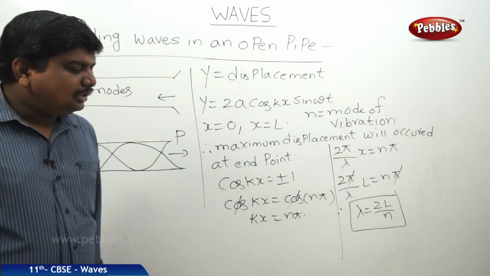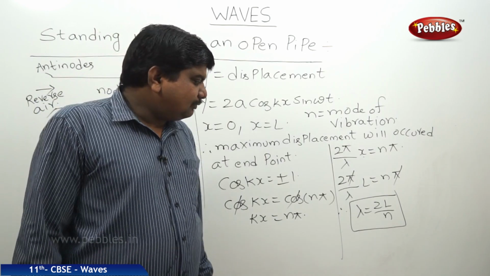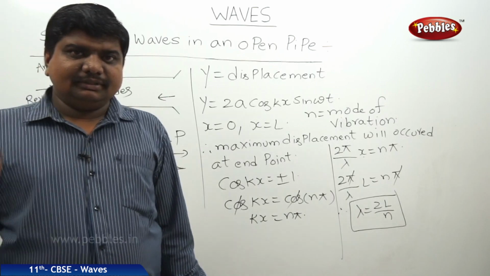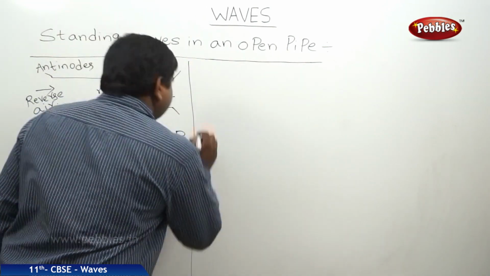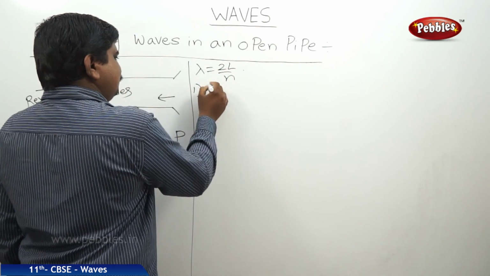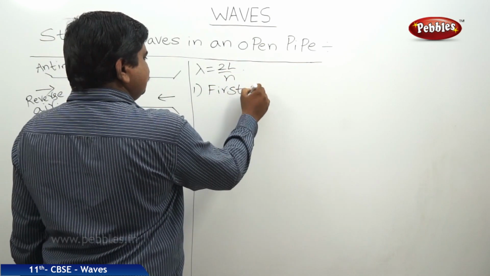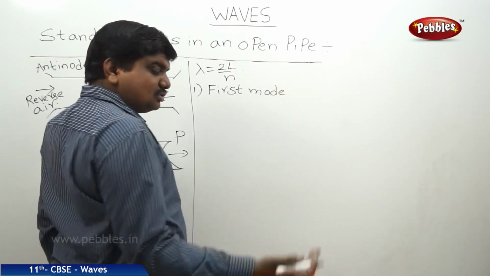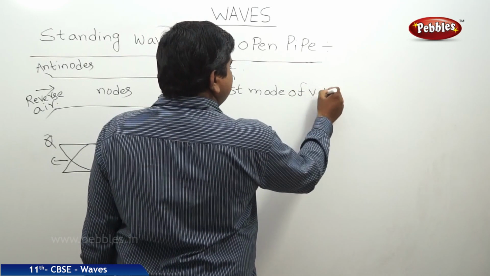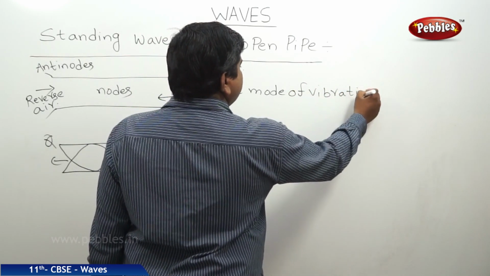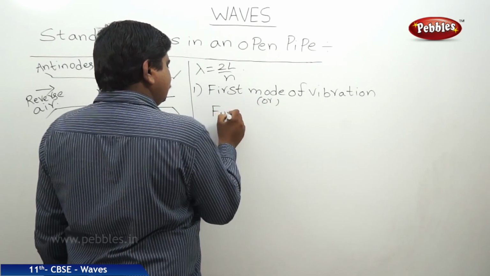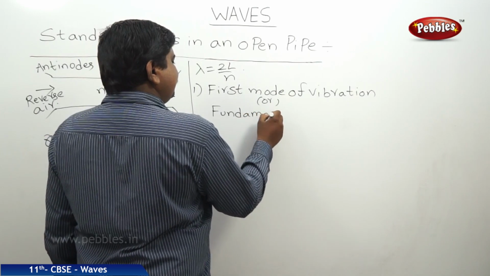Now, we will find out the frequencies of first mode, second mode and third mode in case of the open pipe. So, we got lambda is equal to 2L by n. We are finding the frequencies of all modes of vibrations. First one is the first mode of vibration. This is also called the fundamental mode.